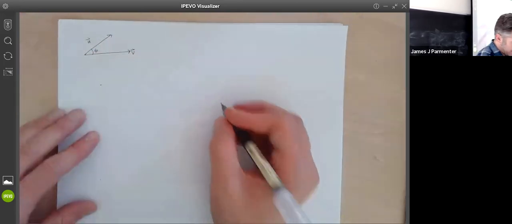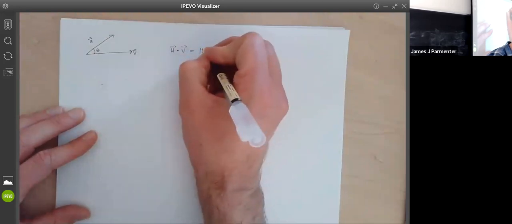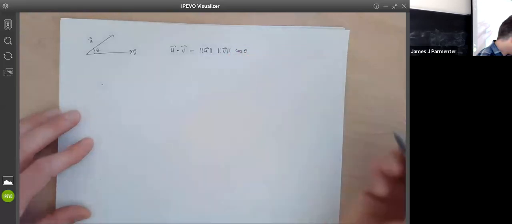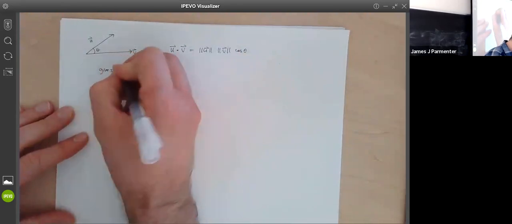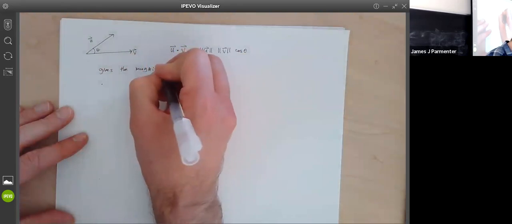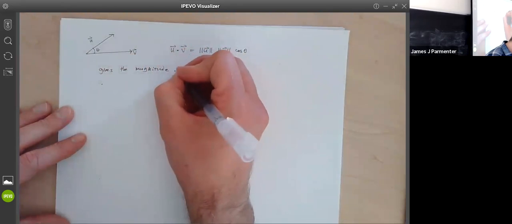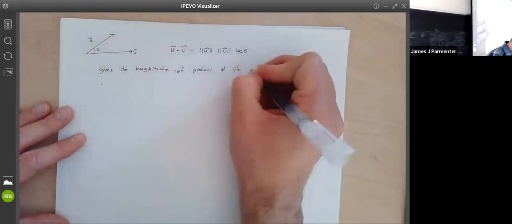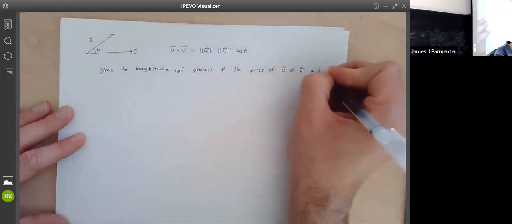So again, u dot v is the magnitude of u times the magnitude of v times cosine of the angle between them. And essentially what this gives you is the magnitude of the product of the parts of u and v in the same direction.